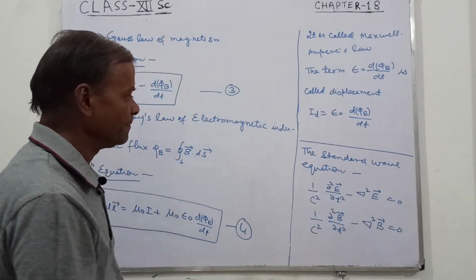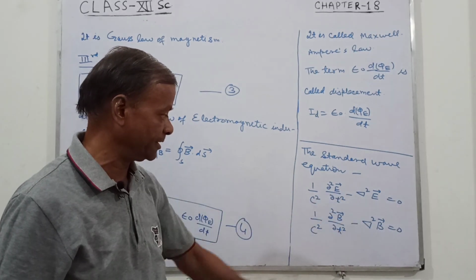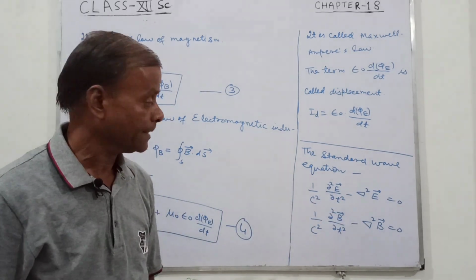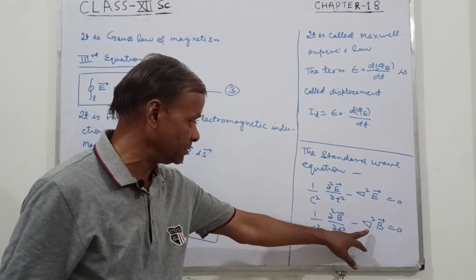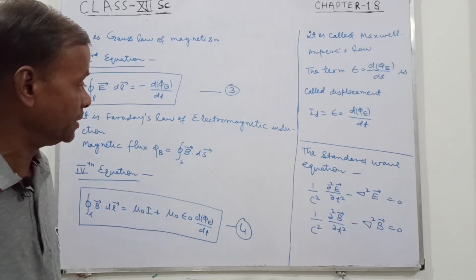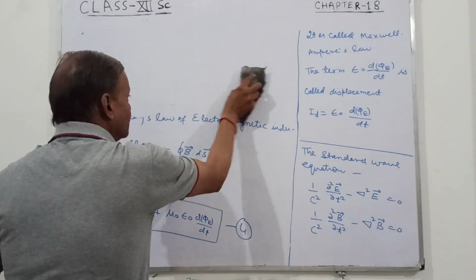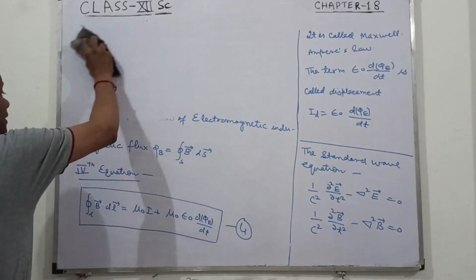These two are the standard equations. They show the variation of the electric and magnetic field with time. Here I have used this operator, which gives us a vector quantity.